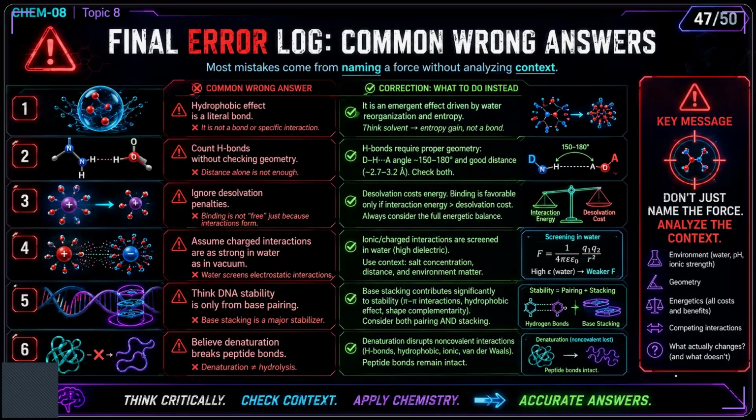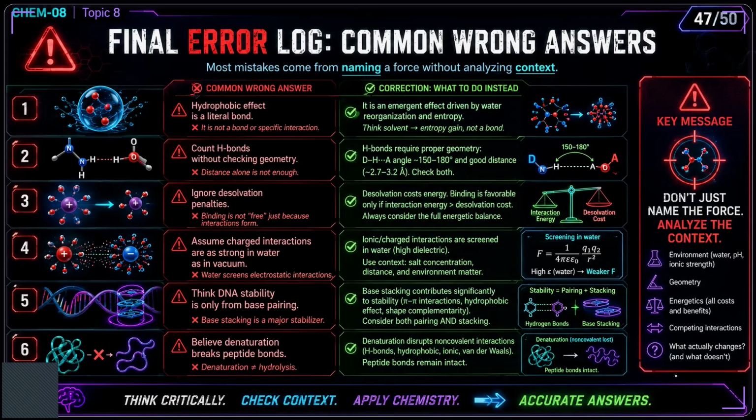Oh, yeah, there are a few common errors. Hydrophobic effect is not a bond. Hydrogen bonding, you already established that in the beginning. The dissolution costs energy, but binding is favorable only if the energy gained is greater than the cost. It makes perfect sense. And ionic charged interactions are screened in water.